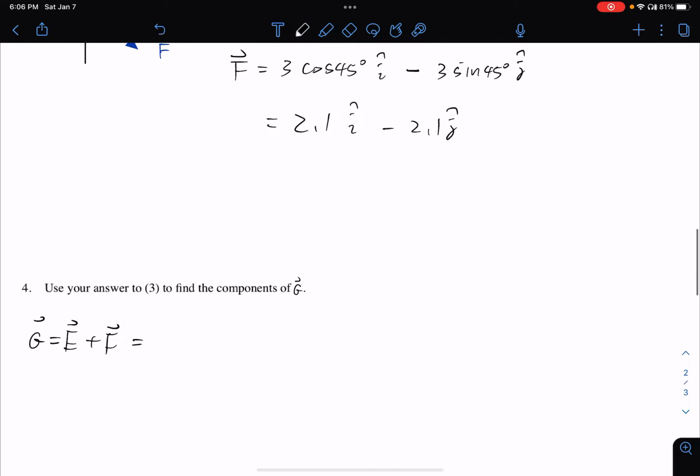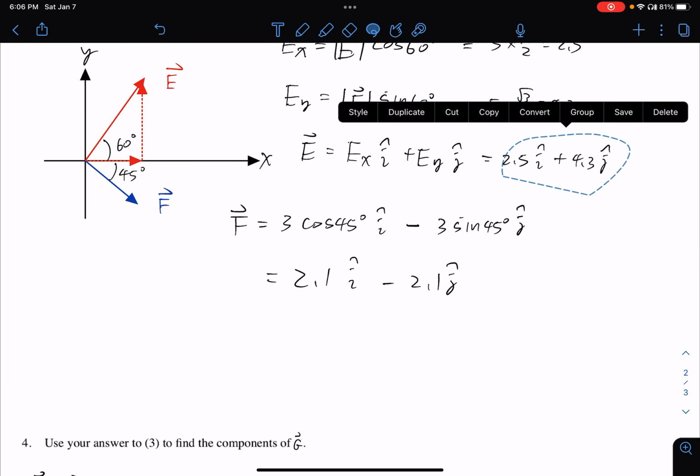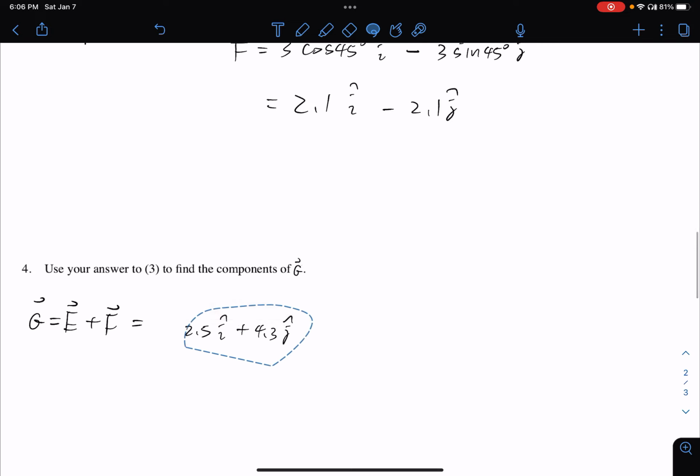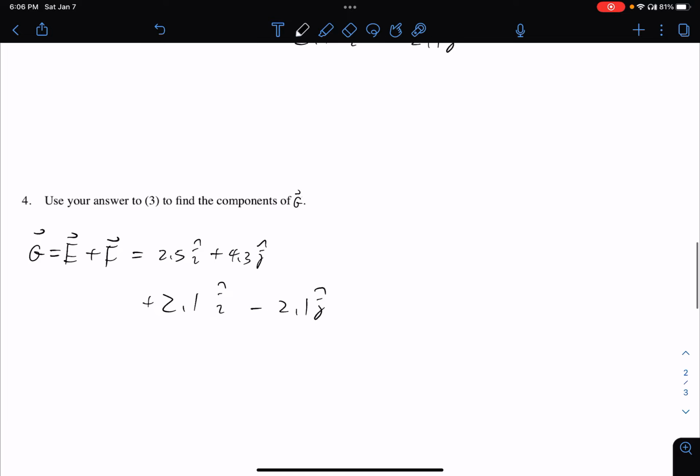So to do that, we just write out the vectors in their component form. Vector E is 2.5 in I, 4.3 in J, while vector F is 2.1 in I and minus 2.1 in J. To add vectors together, we just add the components with the corresponding component. So we add the I component of E vector and the I component of F vector.